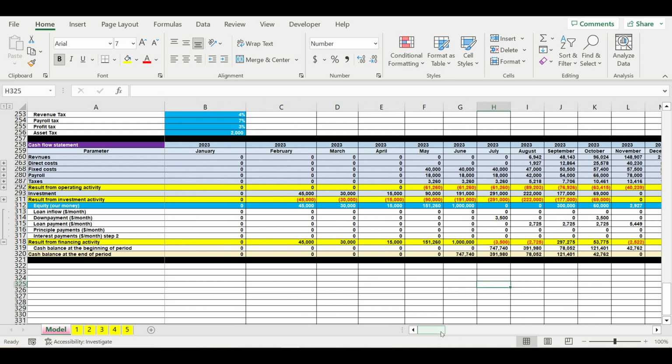And now we can create a table called financing. This will be type of financing.